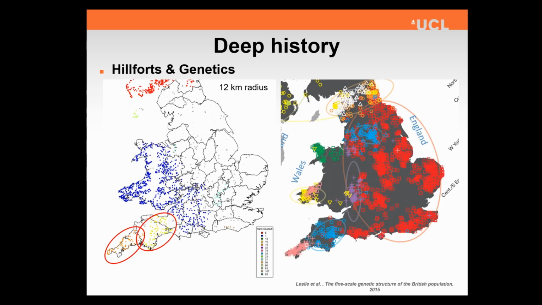Another recent study, in 2015, was done at Oxford on the genetics of modern Britain. I won't go into too much detail, but this definitely showed up distinct genetic variants.